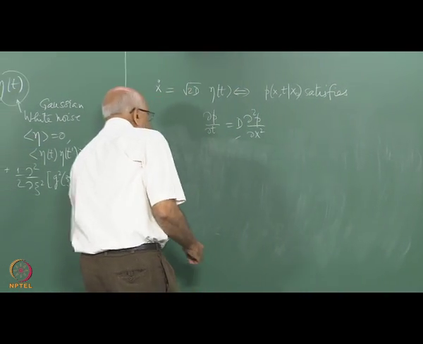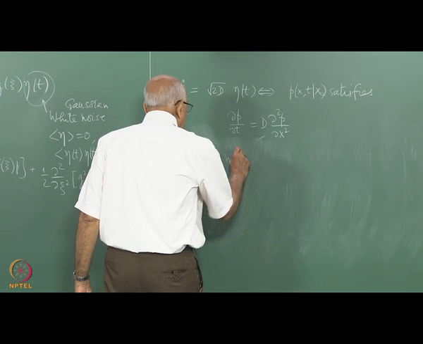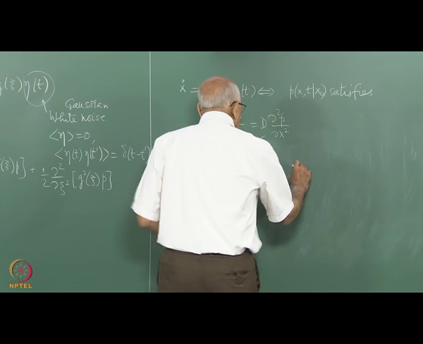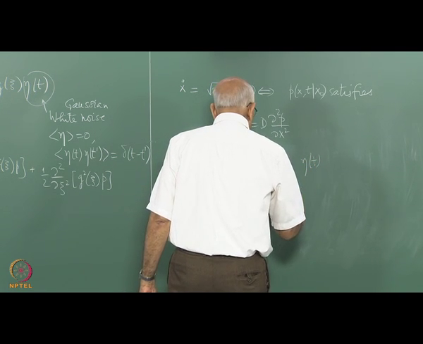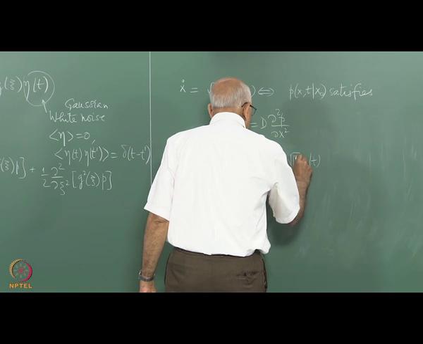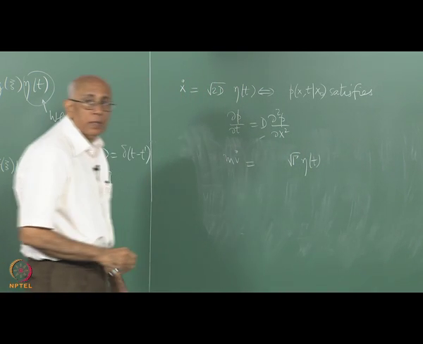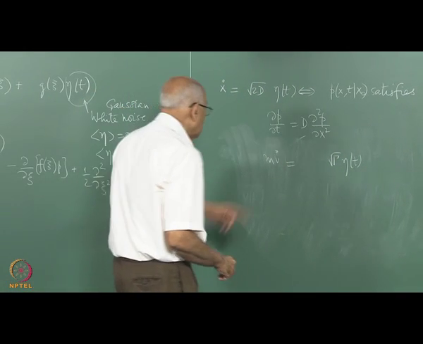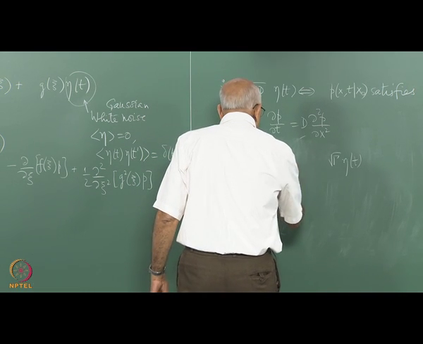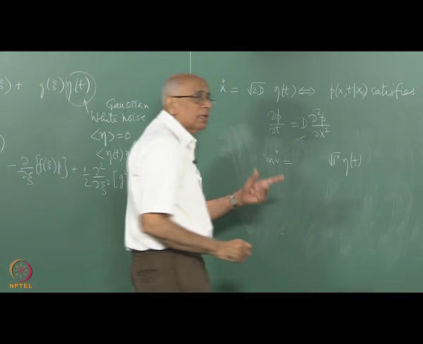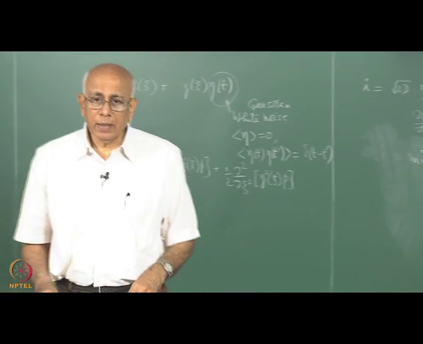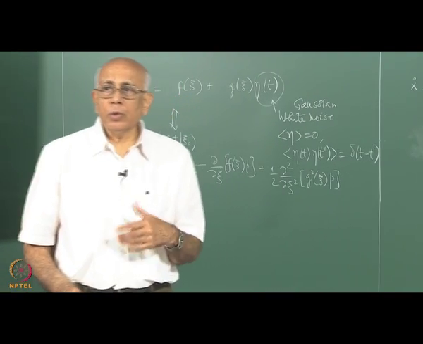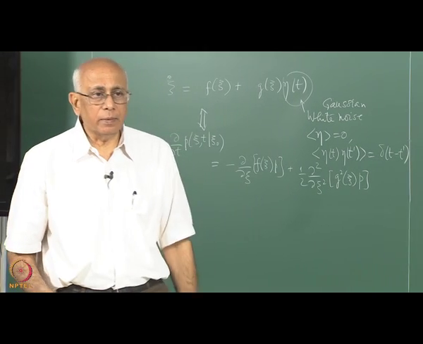The correct model would be m v dot equal to square root of gamma times eta of t, that part certainly exists, that was the original model. But there is a portion which says there is a viscous damping, and for small velocities Newton's law of viscosity tells you the viscous drag is proportional to the velocity but with an opposite sign, right.